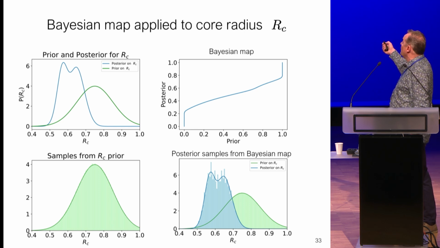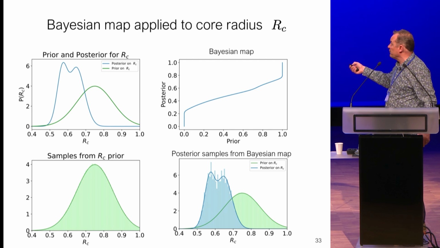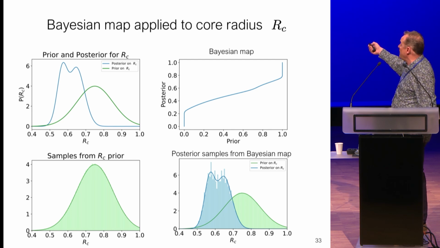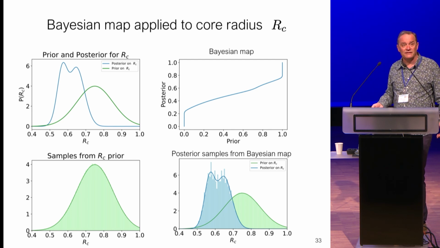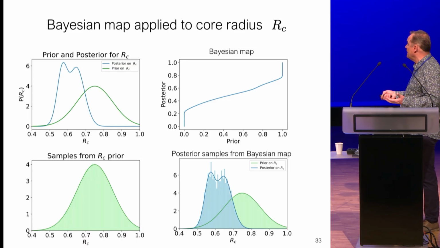Yeah? We use that map if we draw, for example, samples from the prior and then propagate them through the map, we get the case in the bottom right-hand side. Okay? We've generated samples distributed according to the posterior. Yeah? And by definition, you will do that. That's part of the process.